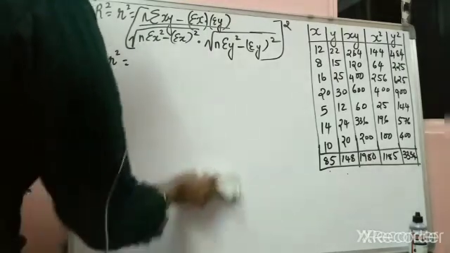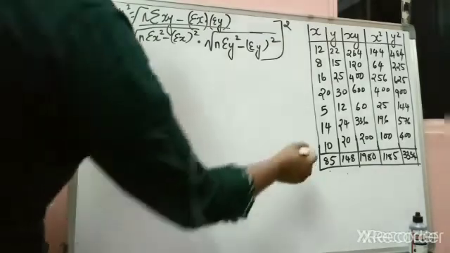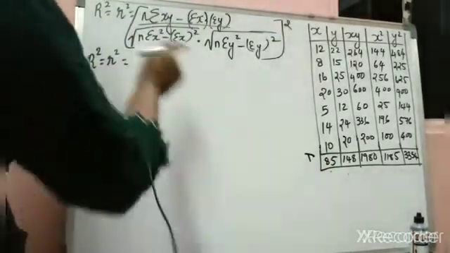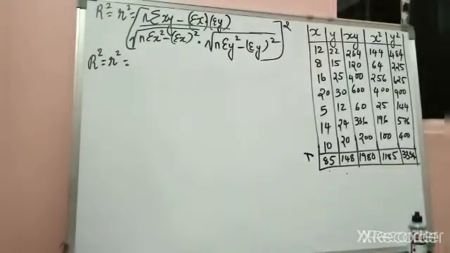Clear? Then after that you have to find out the total. Clear with this? Then you have to find out your correlation coefficient. I hope you all know the formula of correlation coefficient, and after that you have to just take the square of the correlation coefficient.